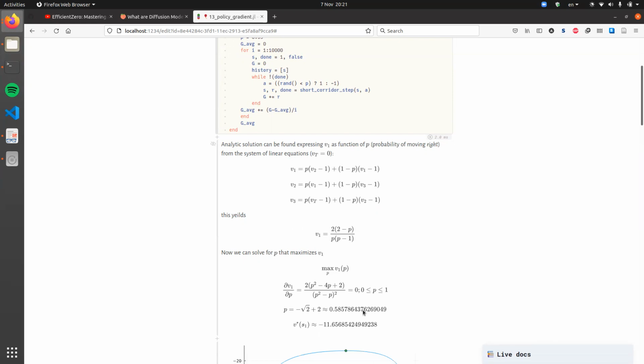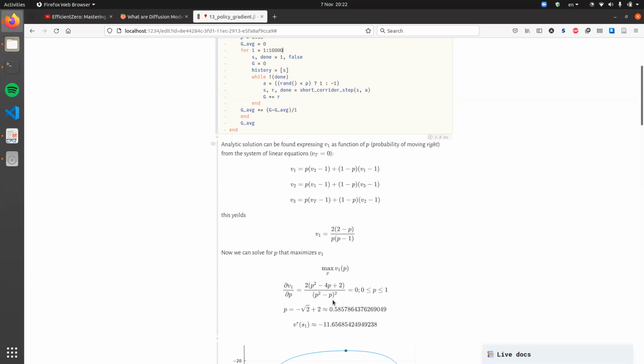Then, to find the best probability, we should find the value of p that maximizes this function. We can compute the derivative of v1 with respect to p, and solving gives us a quadratic equation subject to some constraints.